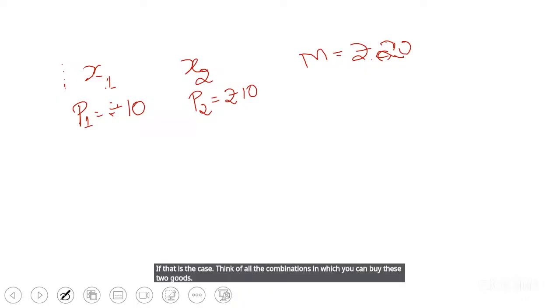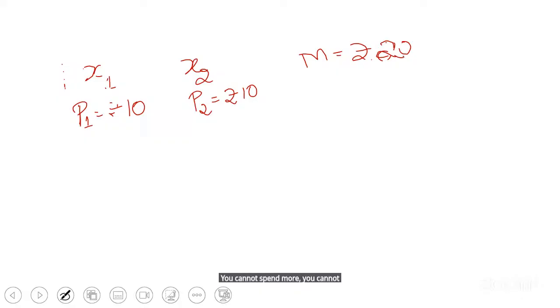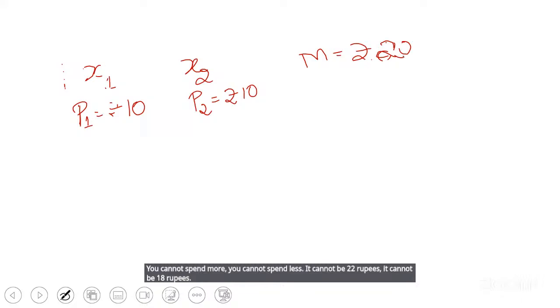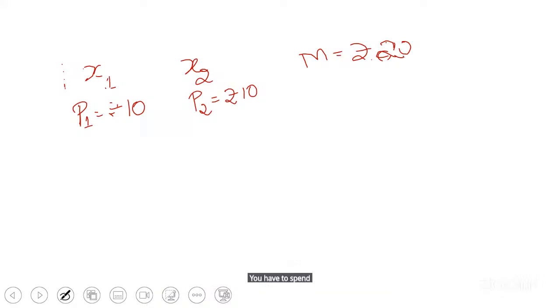You cannot spend more, you cannot spend less. It cannot be 22 rupees, it cannot be 18 rupees. You have to spend the entire 20 rupees. Yes, you can buy in 3 combinations, right?